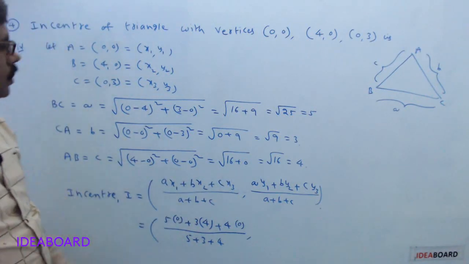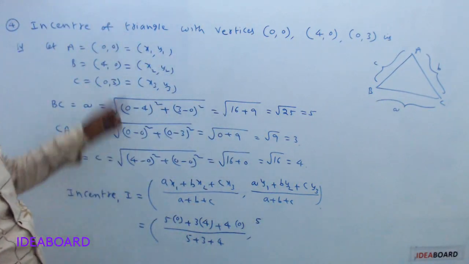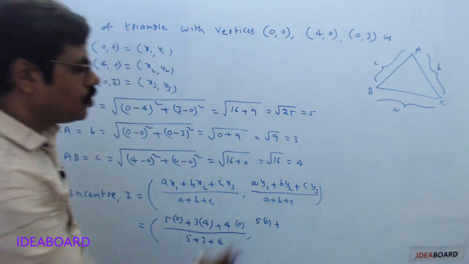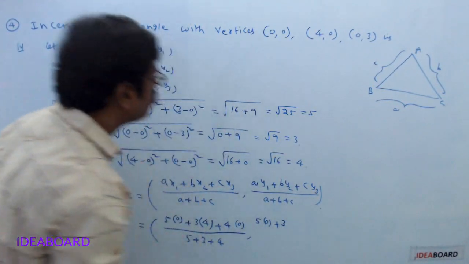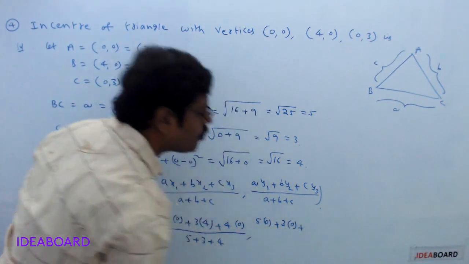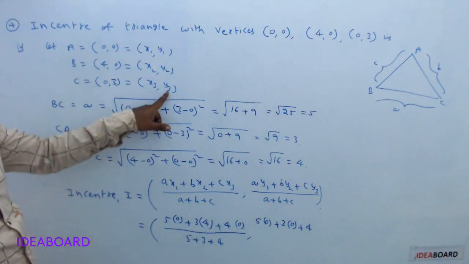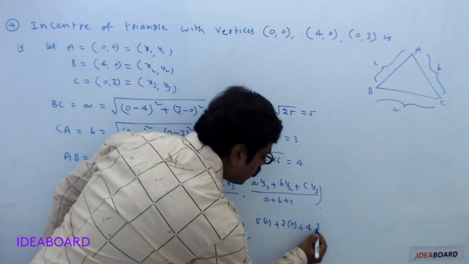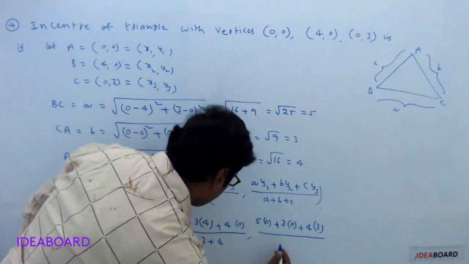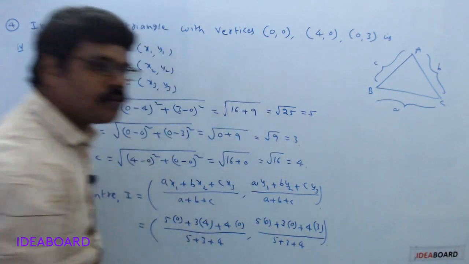Next come to the y coordinate. a value 5, so 5 into y1, y1 value 0, plus b value 3, y2 value 0, plus c value 4 into y3 value 3, divided by a plus b plus c, so 5 plus 3 plus 4.